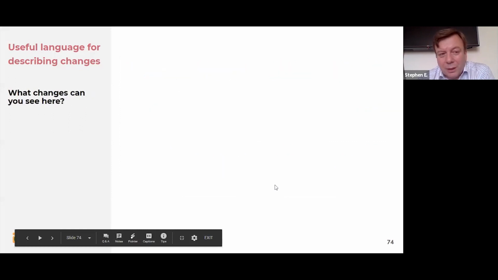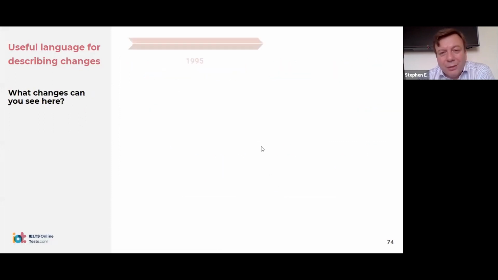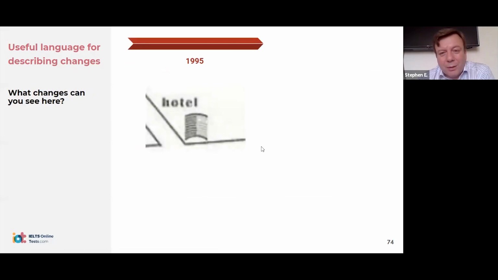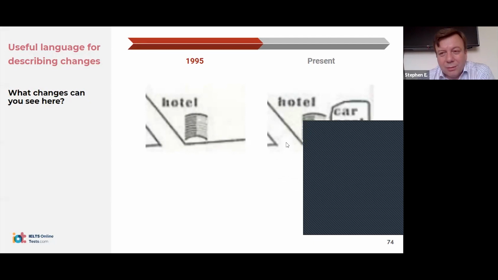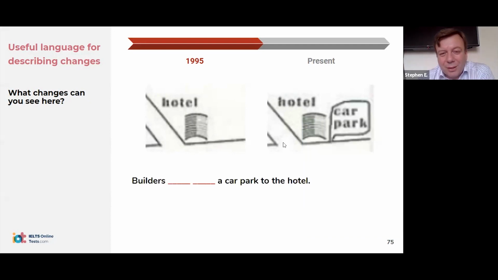Okay. So let's have a look at some changes. So what changes can you see here? So think about some of the language we've just looked at. So what can you see? So builders, something a car park to the hotel.